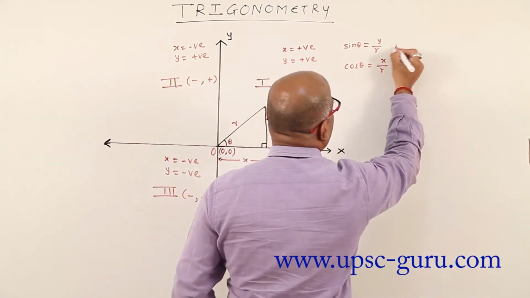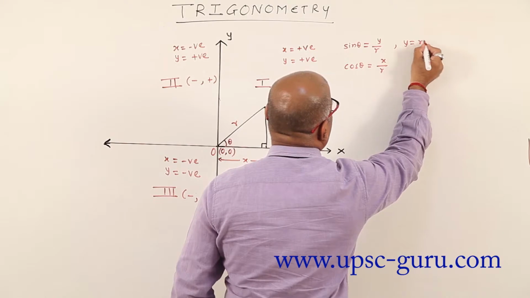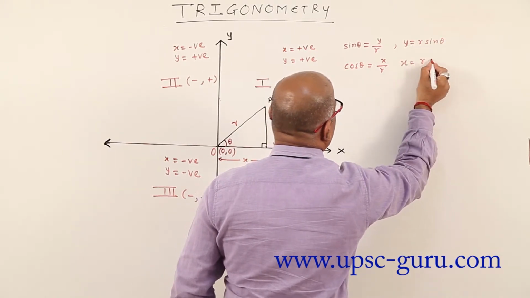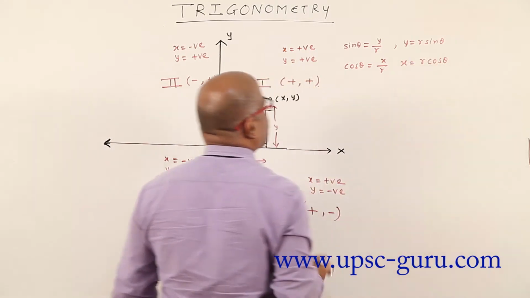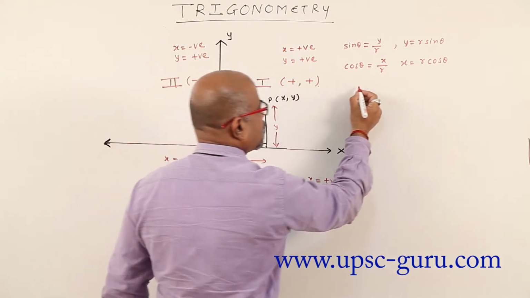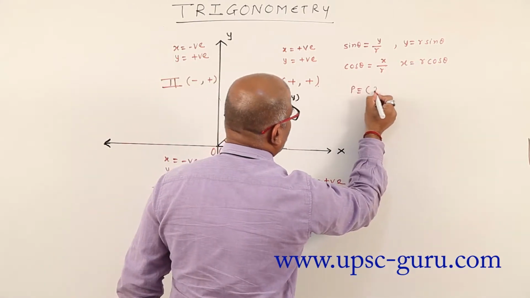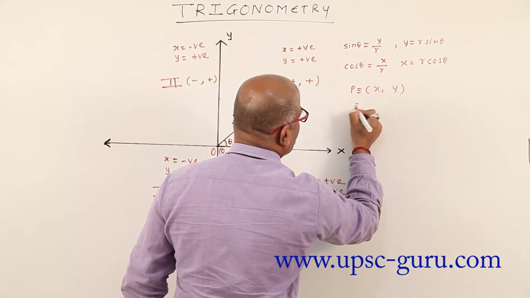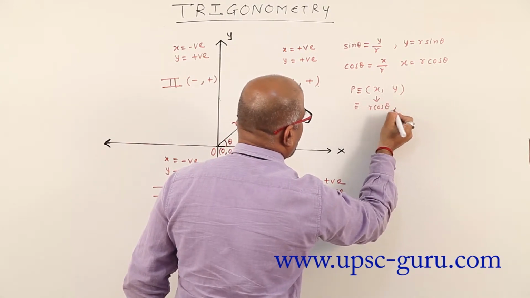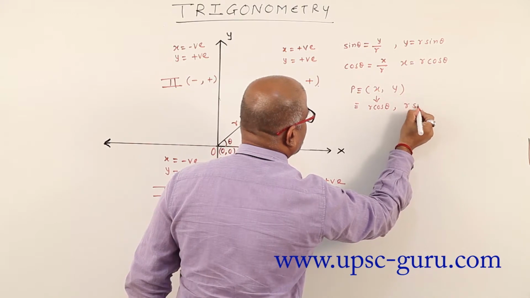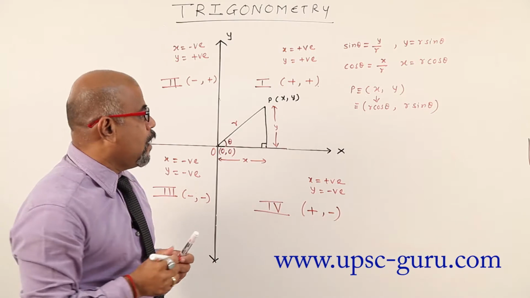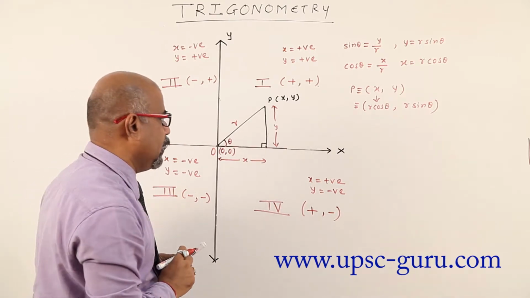Therefore, we have y equals r sin theta and x equals r cos theta. Here x and y are coordinates of P. Therefore, coordinates of P are r cos theta and r sin theta.